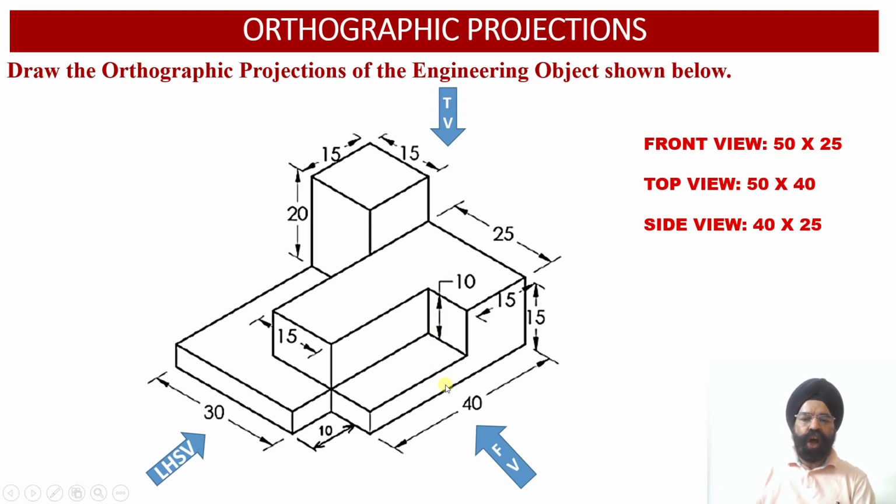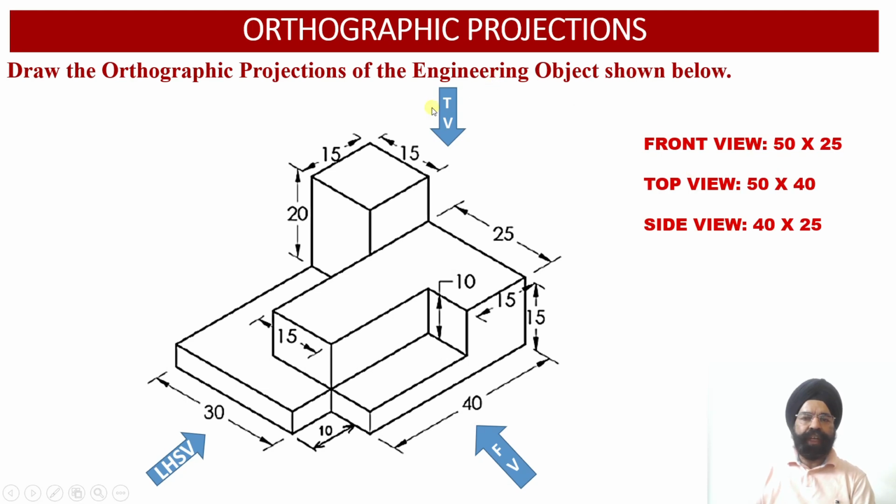So the height of this horizontal web will be equal to 5 millimeter. Now this height of 5 millimeter plus this height of 20 millimeter will provide us with the total height of the solid as 25 millimeter. So therefore the dimensions of the front face of the solid will be measuring 50 millimeter width and 25 millimeter height.